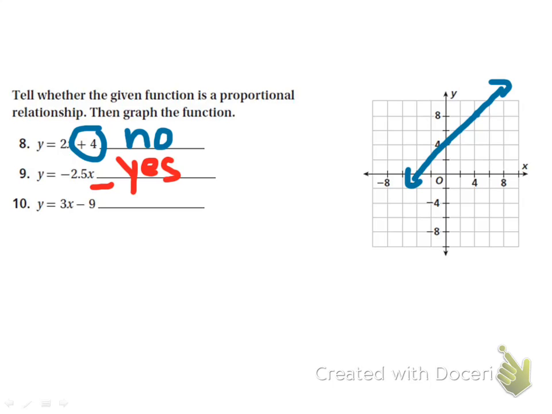So looking at this, I can then graph it, and this has a negative slope, so I'm going down 2.5 to the left, to the right 1. So here we go. That should be what your line looks like. Remember to draw your arrows. That makes it a line.